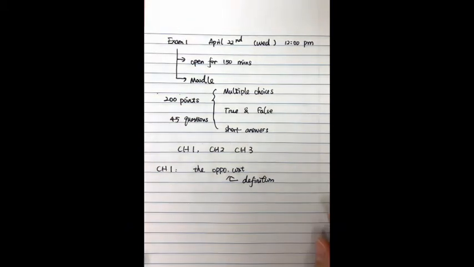The definition of opportunity cost: the opportunity cost of an item is what you need to give up to obtain the item. Okay, so this is the definition.